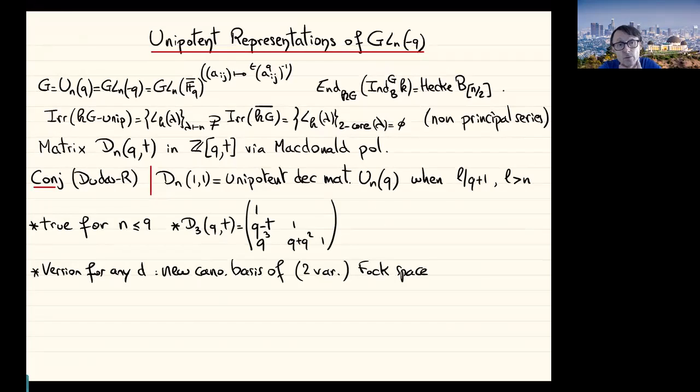For example, the matrix for n equals 3, the one I've indicated, is the unipotent part of the decomposition matrix, which was green in the decomposition matrix before. It involves a coefficient with a negative sign, q minus t, that will go to 0 when specialized. And that's work for other l's, and it involves some basis in certain Fock spaces.